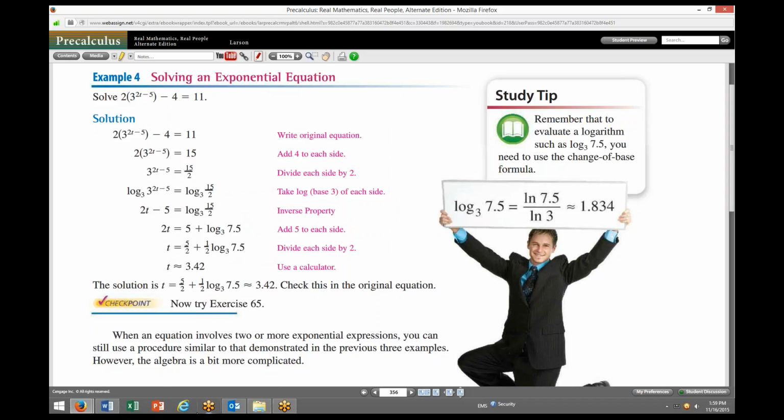When I use change of base, I usually use log base 10. So log base 10 of 7.5 divided by log base 10 of 3 would exactly be equal to log base 3 of 7.5. And then take half of that and add 5/2. And when you do to 2 decimal places, it becomes about 3.42.